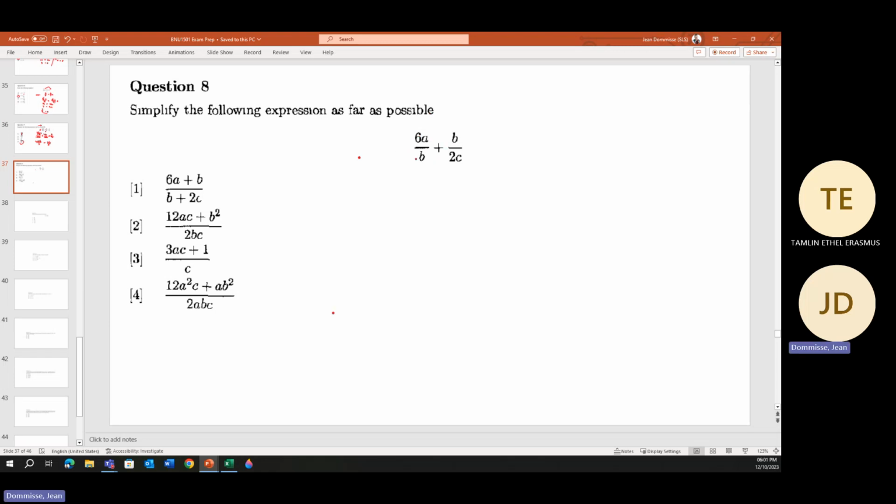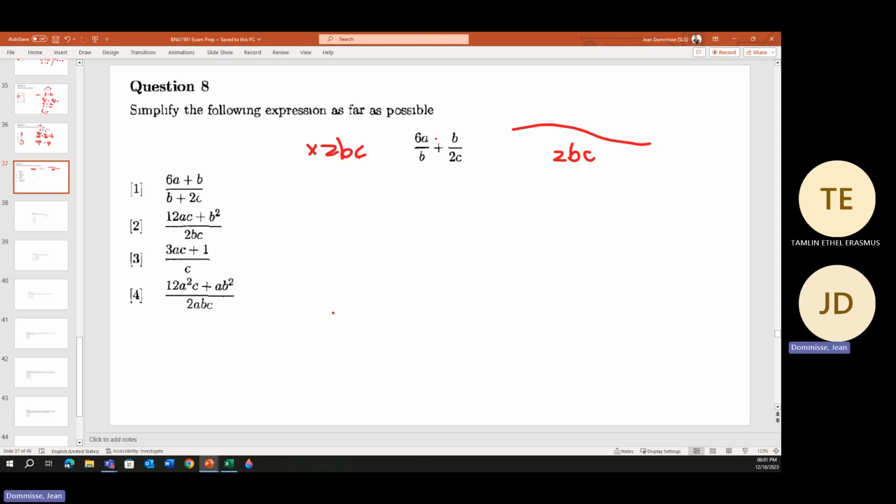So the easiest way to do it is to say, well, we're going to use 2bc as your common denominator, and then we're going to see at the top what we can group together, and hopefully then one of these makes sense. So what I will do is to say, can I just see if it is 2bc? Yeah, so I will multiply by 2bc.